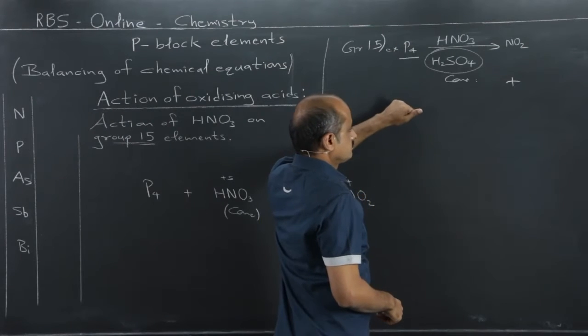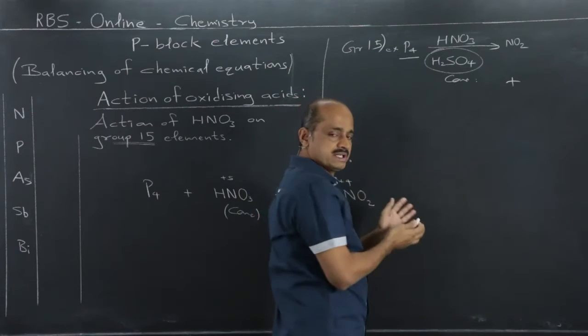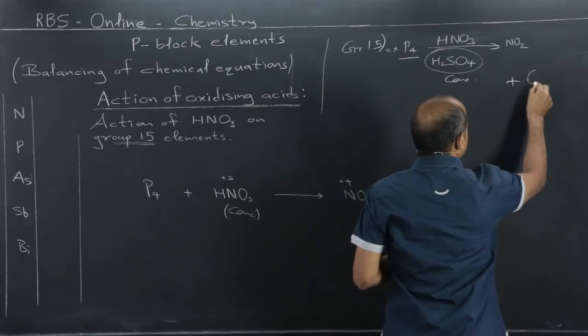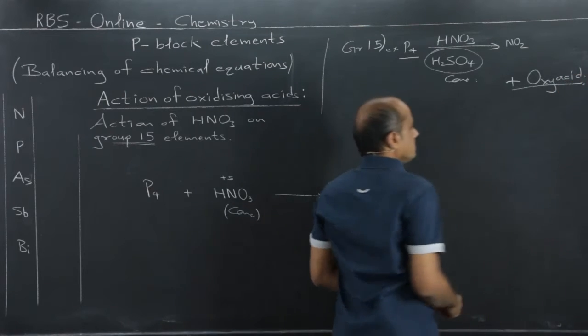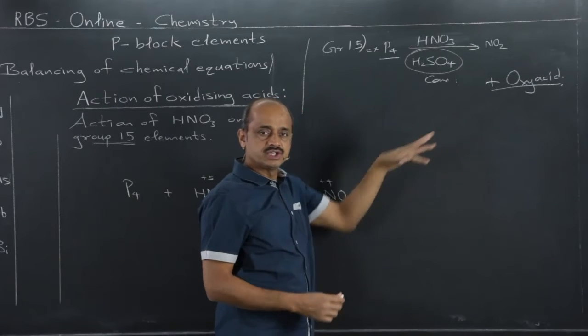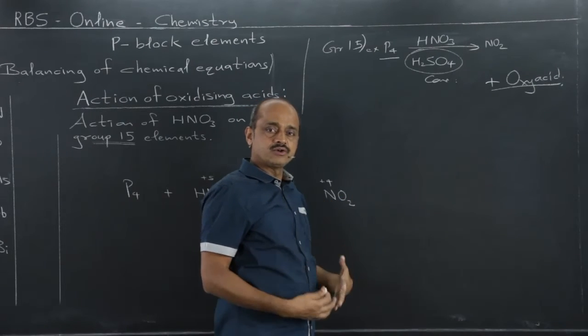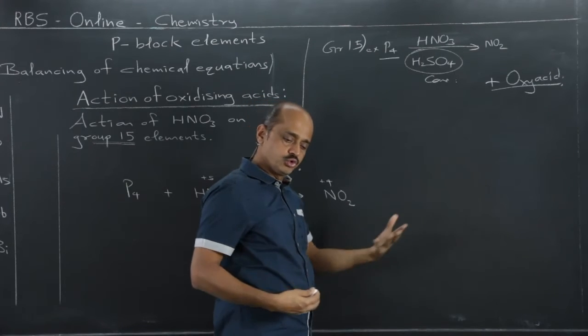But phosphorus and the elements below it, to be specific phosphorus, get converted into what we call an oxyacid. Now we should know oxyacids. This is not a specific thing. Once we understand the chemistry of oxyacids, it is of use in so many topics.